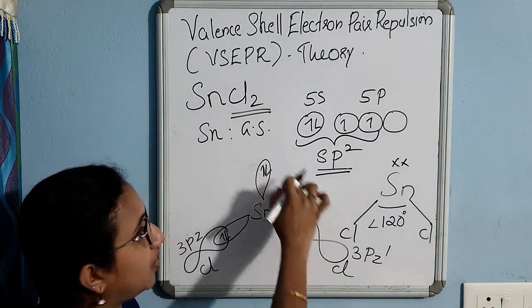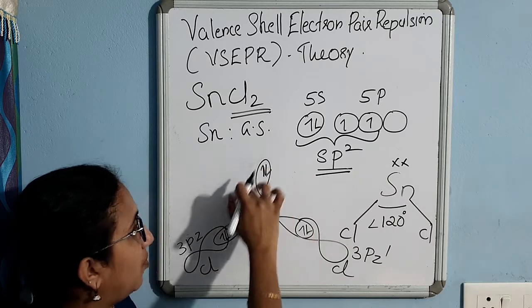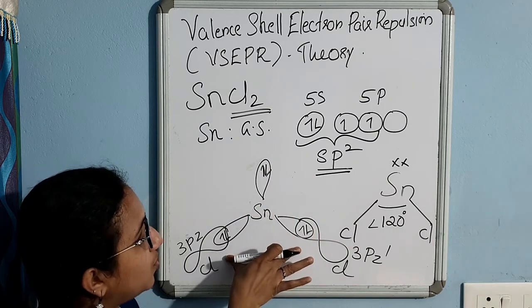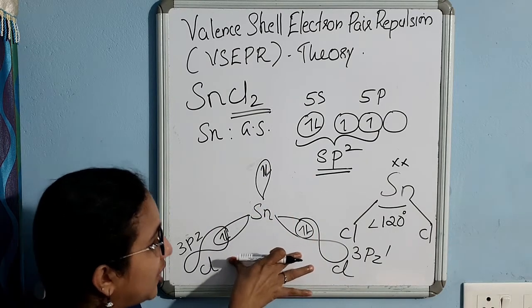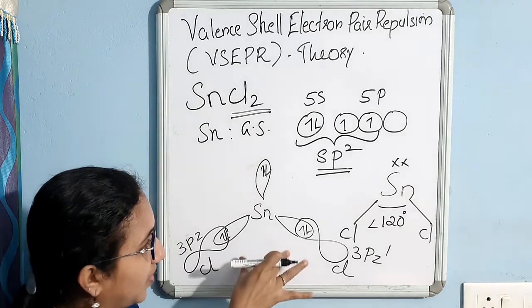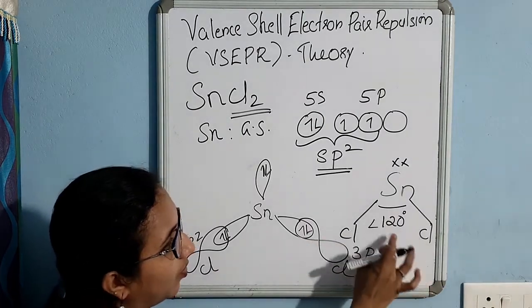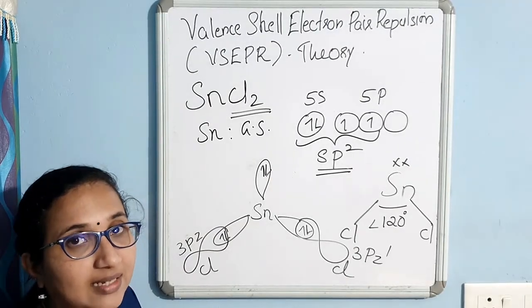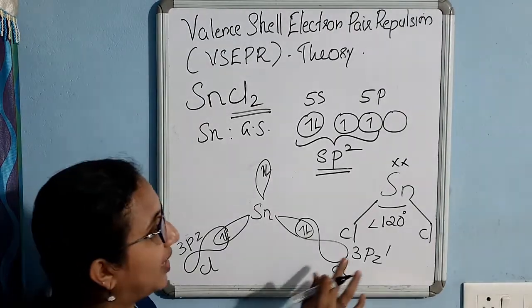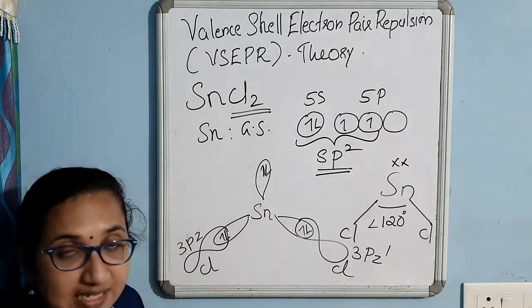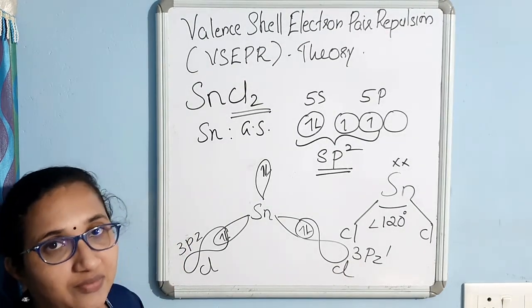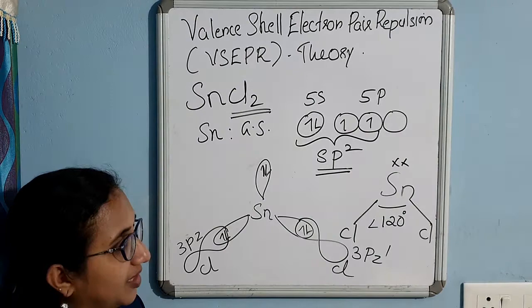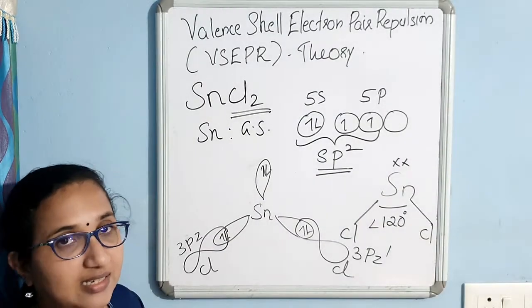So in order to minimize the lone pair-bond pair repulsion, these two bond pairs shrink towards each other a little bit, and their bond angle would be less than the expected 120 degrees. So here the bond angle of SnCl2 is slightly less than 120. This is the geometry and hybridization for SnCl2.